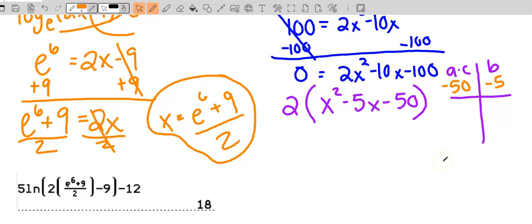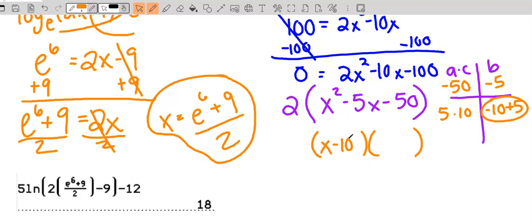So what multiplies to get 50? 5 times 10. How could we add those and get a negative 5? If it was a negative 10 and a positive 5. So that works. Once we find our 2 factors that work, I'm going to break them up in the parentheses. So I've got x minus 10 and then x plus a 5. And again, that 2 just kind of drops down.